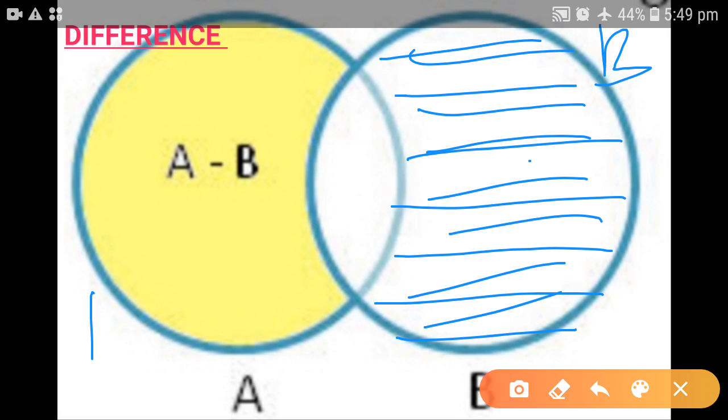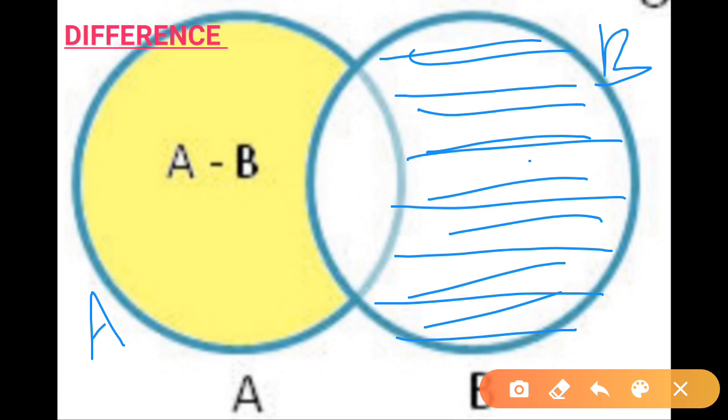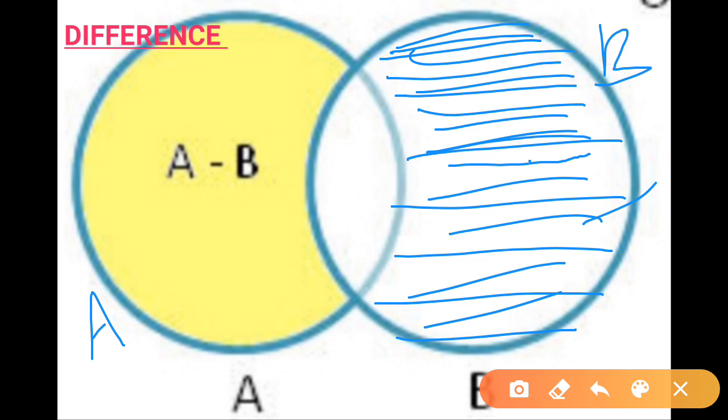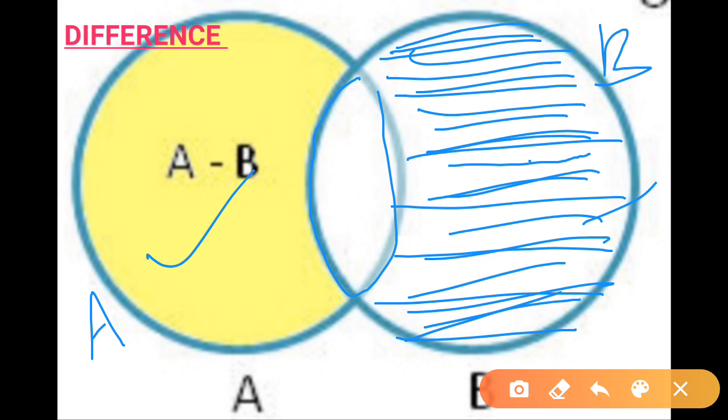The left side circle is A and the right side is B. This part is B minus A, this part is A minus B, and the middle intersection part is A intersection B. A minus B means we are subtracting B from A, but you don't take the intersection part, the common elements of both A and B.